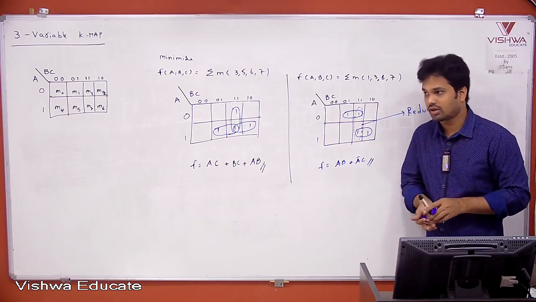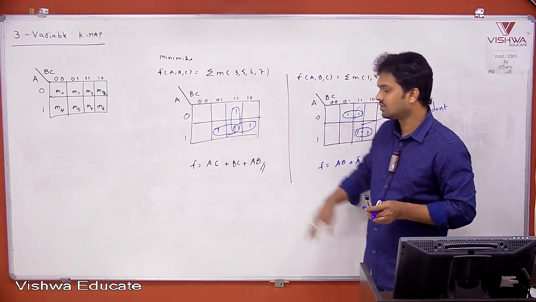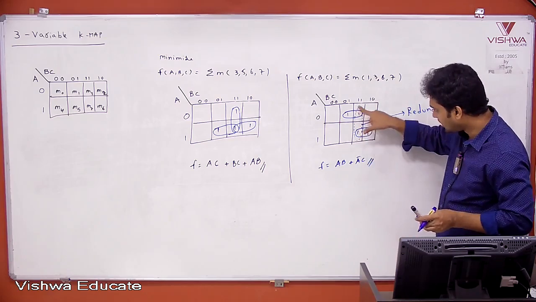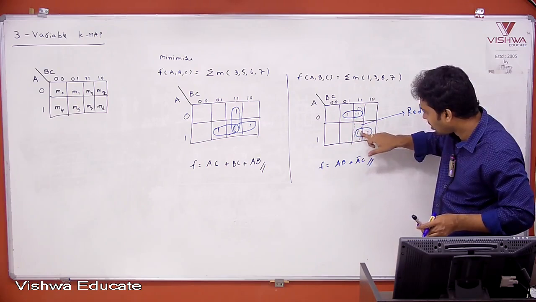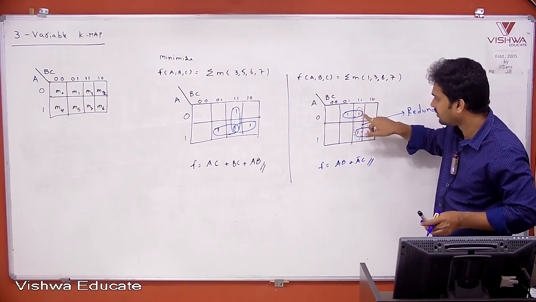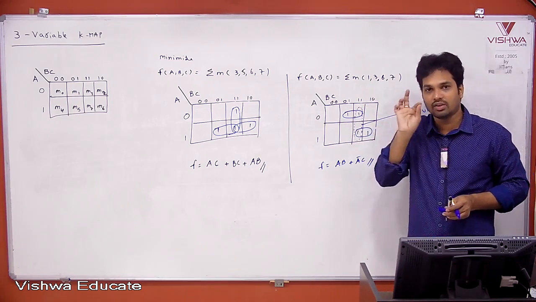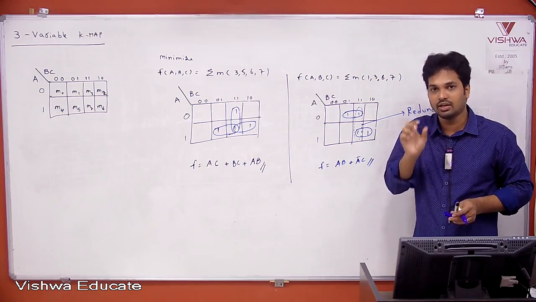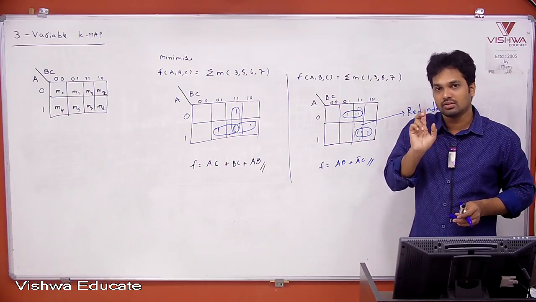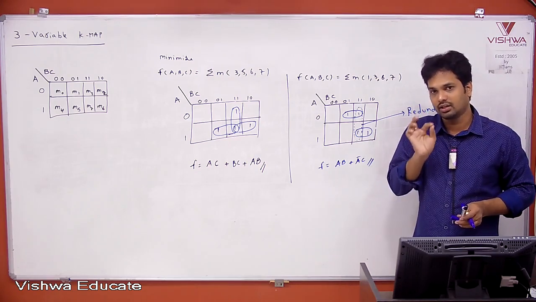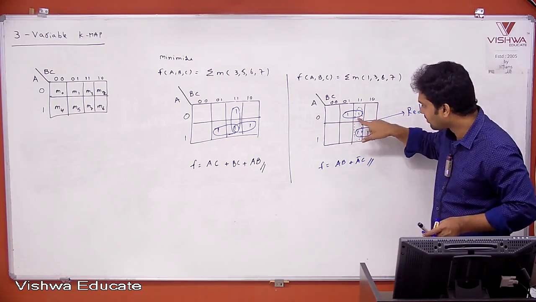In this pair there are two ones. Both the ones are already taken by some other pairs. Our requirement is every minterm must be covered at least once. Already that requirement is fulfilled.